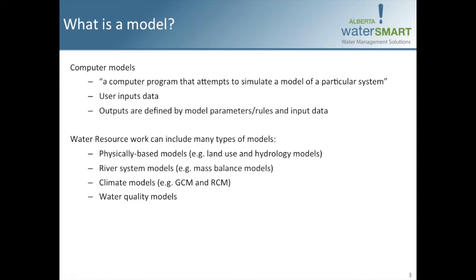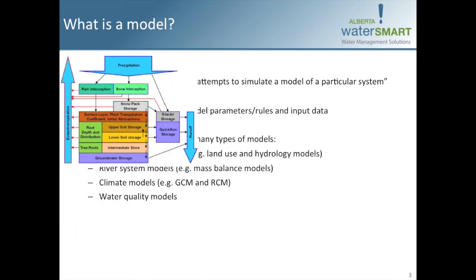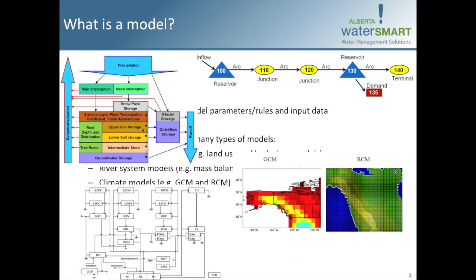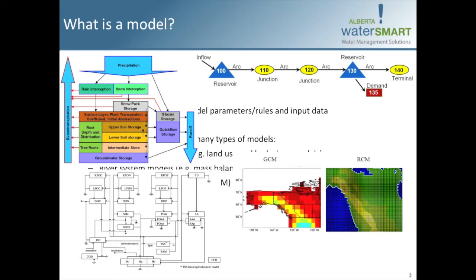Both are used to look at future projections in climate and then associated changes to hydrology based on changes in climate. And then there's also water quality models. As you have changes in flows, whether from changes in land use or changes in management practices, you can determine impacts or potential impacts on water quality.